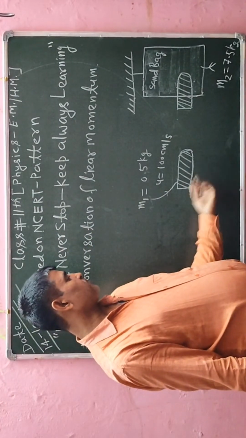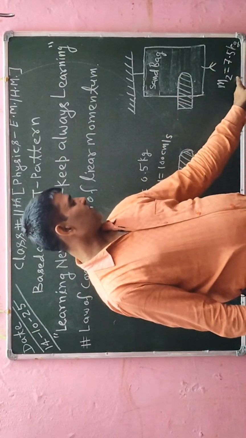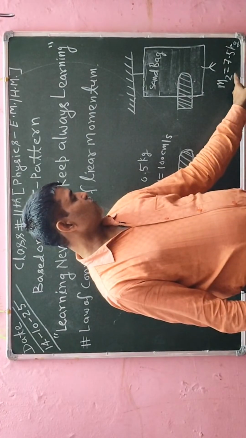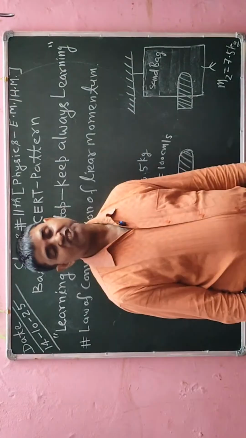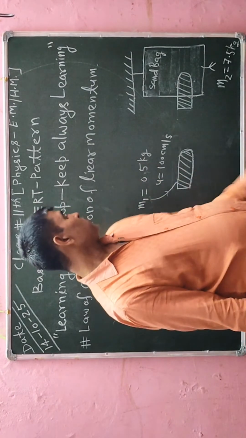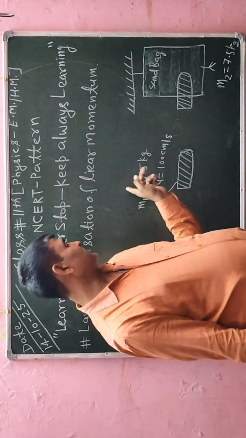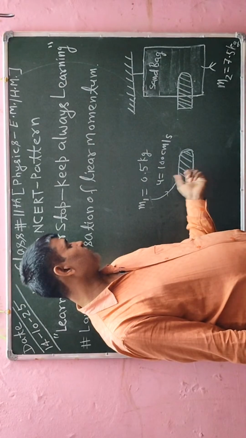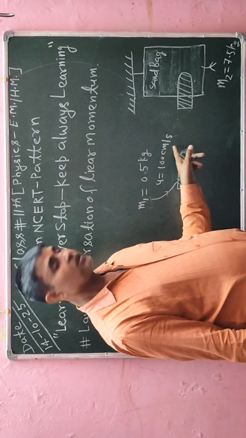There is one object whose mass is m1 and another object, that is the sandbag. The mass of this sandbag is m2 whose actual value is 7.5 kg, that is given in the MKS system. Now this m1 is also given in the MKS system, and the velocity of this object is given in the CGS system, that is centimeter per second.